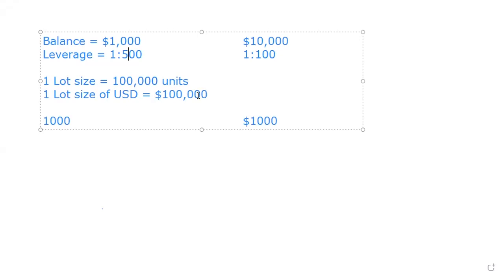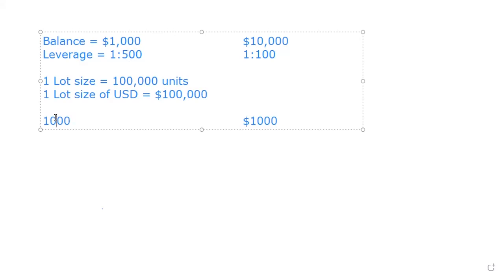So your broker will divide this 100,000 by 500, and he will take one part of it away. That is why you are dividing it by 500. So now divide this by 500. What will you have? 200.